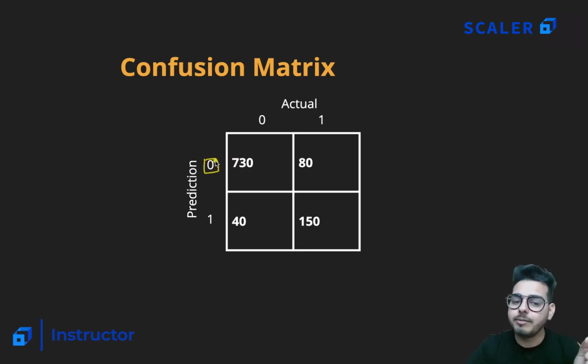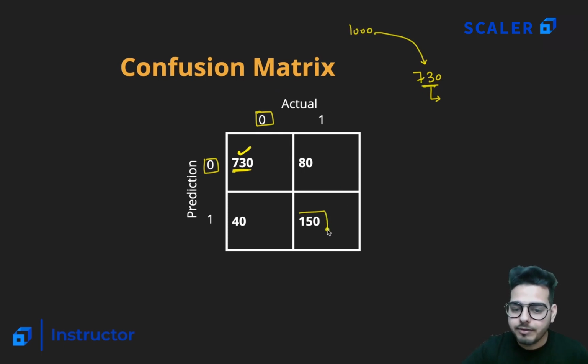That's why it's 0, and 0 means will not leave. In actual, we observed that they didn't leave the company, and this is the 730. So for these 730 employees, the model said they will not leave the company in the next month, and in actual they didn't leave. It means the model is correct about these 730 people. So out of 1000, at least the model is correct about these 730 employees.